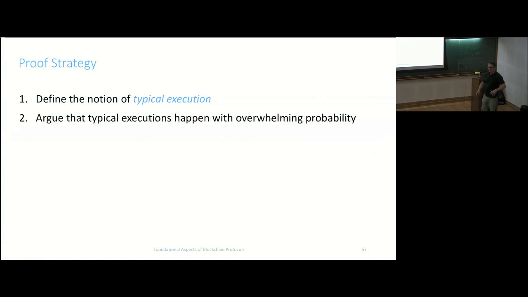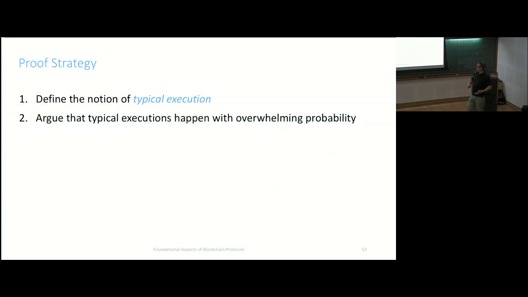Then, we would like a typical execution to be an execution where the honest guys overpower the bad guys, right? So everything works, assuming an honest computing majority. And when would that happen? We're going to show that this happens almost always.